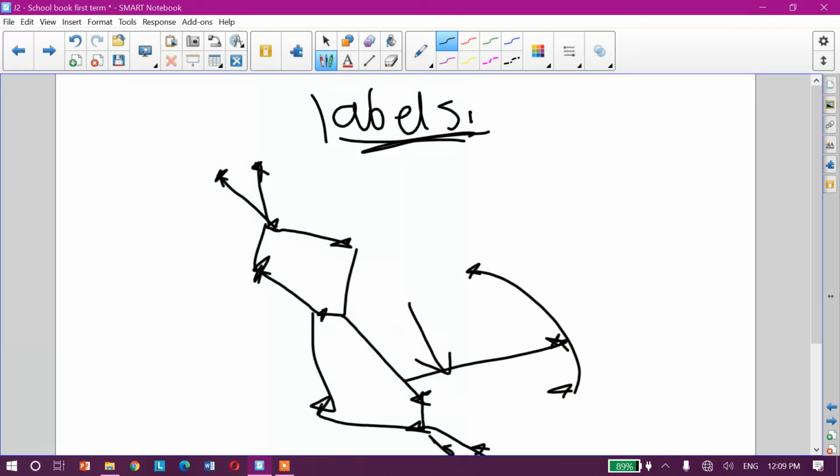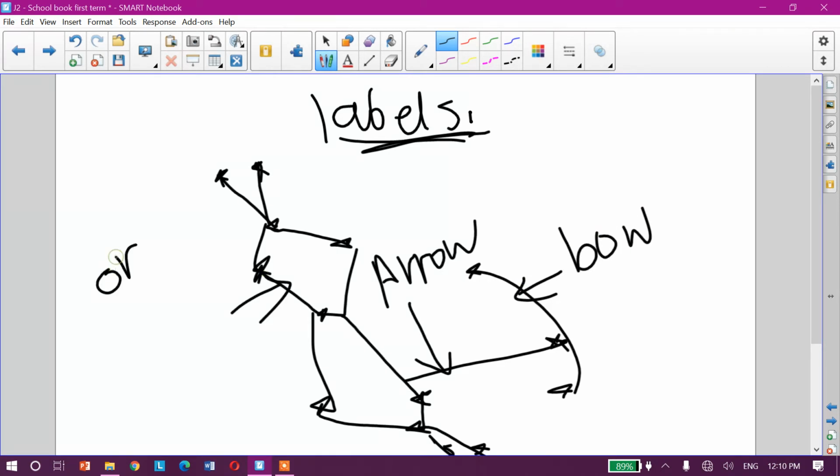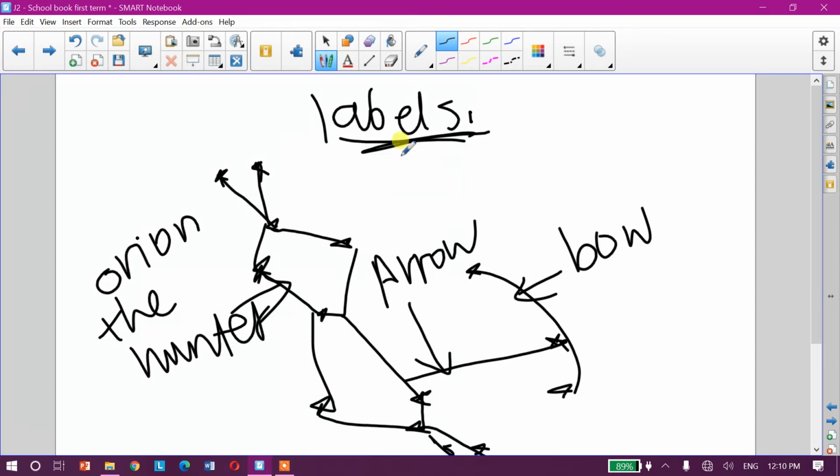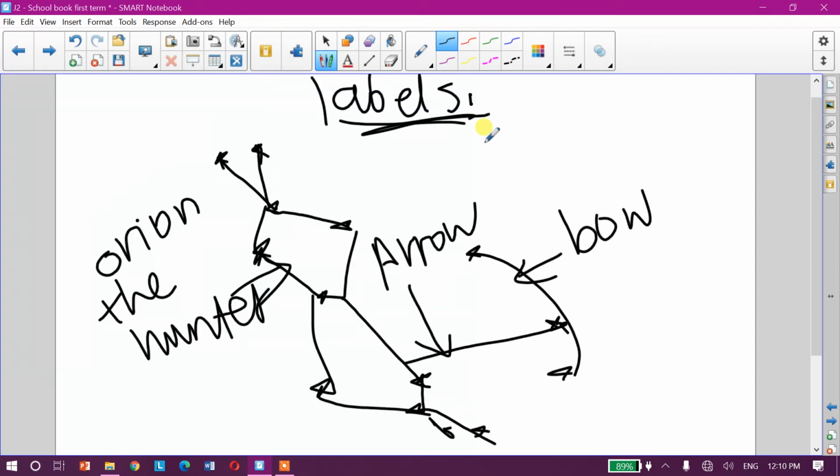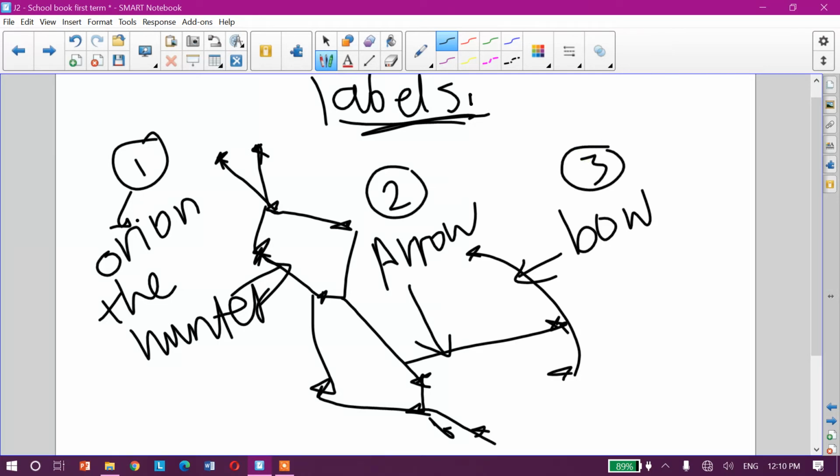You will write in this part arrow, and this part bow, and this one is Orion the Hunter. So how many labels are in your drawing? Number one, the first label, Orion the Hunter. Number two, the second label, which is an arrow. Number three, the bow, which is the third label. So that is what labels means.